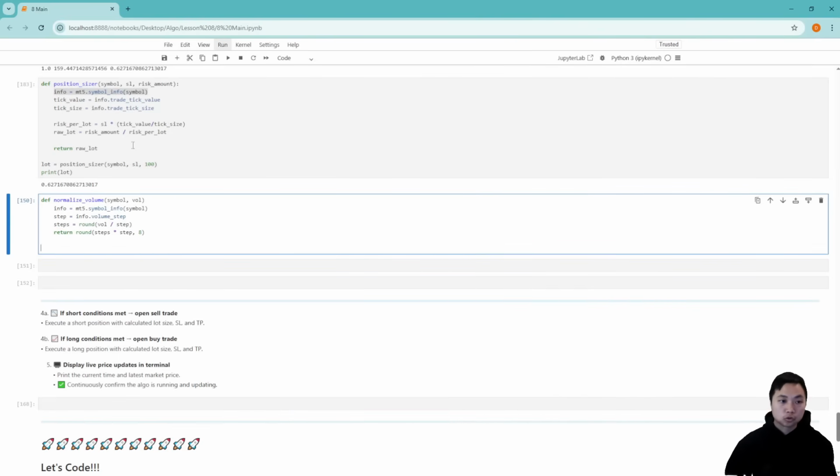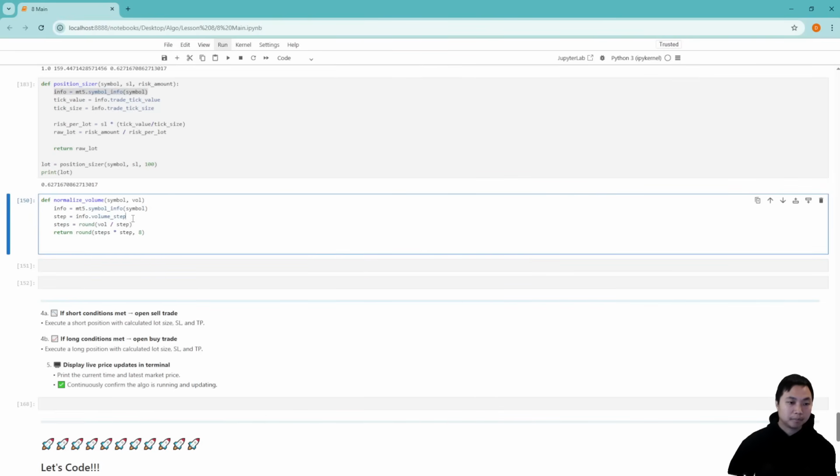So what we're doing here is that first of all we get the information for this symbol, and then we get the volume step. This volume step tells the minimum increment the broker allows, and then we divide our raw lot by this step and round it to the nearest integer so that we know how many steps we are having.